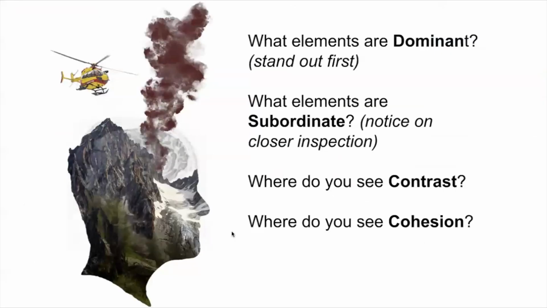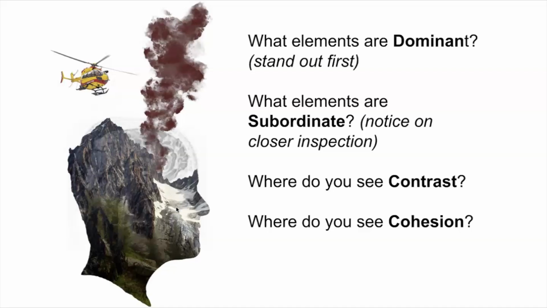And then I typically have students return to this image where we talk about what is dominant in this image and what is subordinate. Often students will point to the fire, smoke, and the helicopter as dominant, and this brain scan is more subordinate because it's blending in. It's got that cohesion, that low contrast.